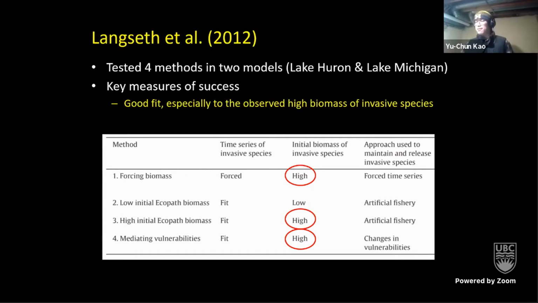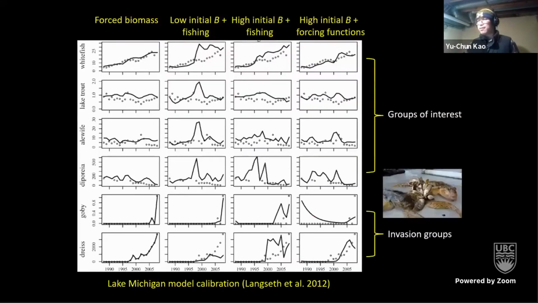And then finally was a method using a high initial biomass, using some forcing function to change the vulnerability so that the biomass can grow. So you can see initial biomass were mostly high. That was because the goal was to catch the high biomass at the beginning of invasion.